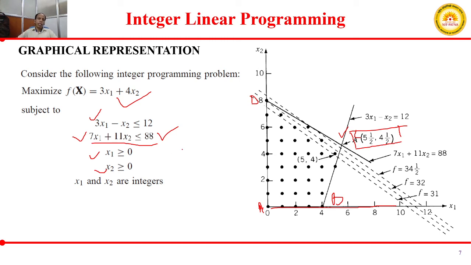Okay, then we have this constraint, subject to this constraint. Suppose we round off, then your solution will be 5 comma 4.